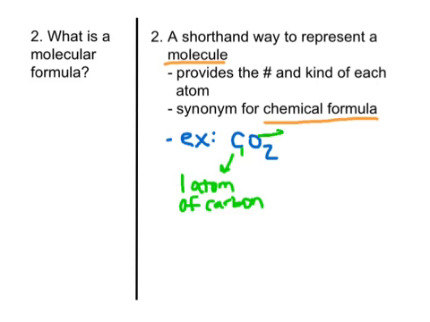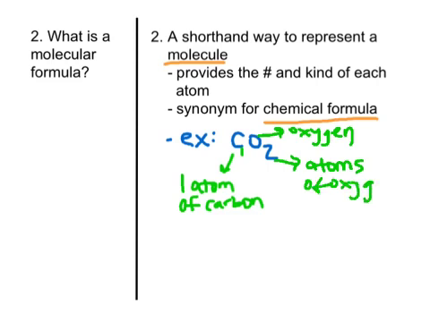Here we have oxygen, right? And the 2 means that there are 2 atoms of oxygen in this molecular formula. So that's basically a molecular formula. It is the exact same thing as a chemical formula.